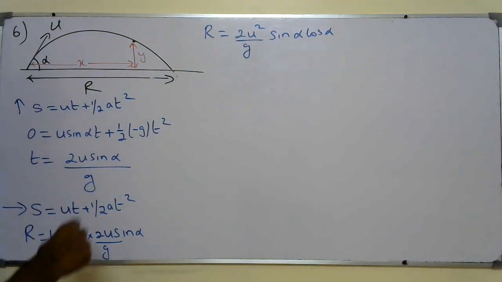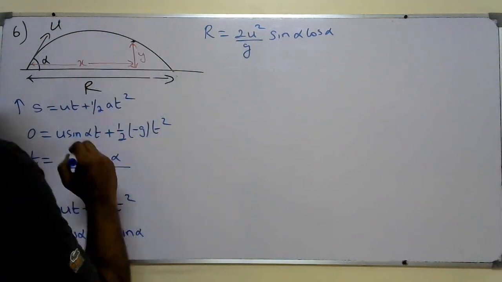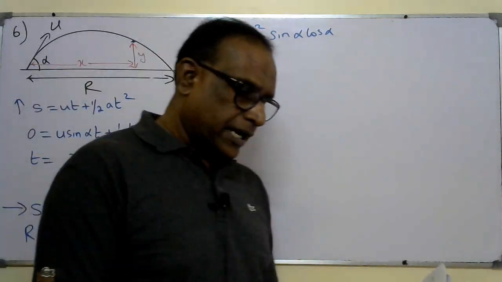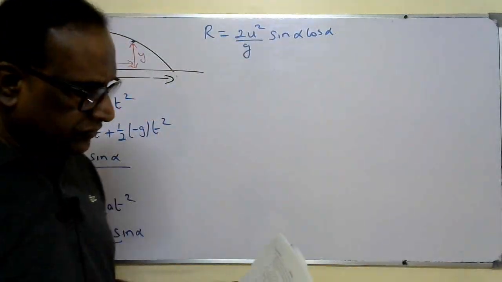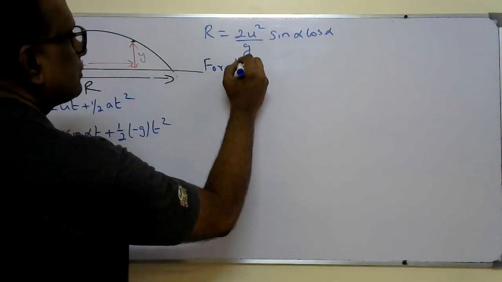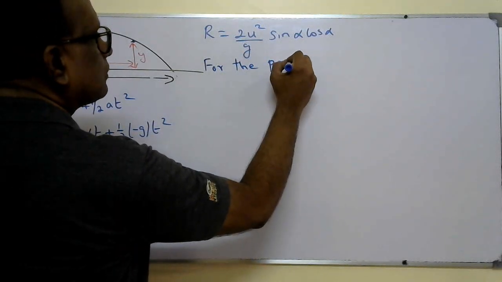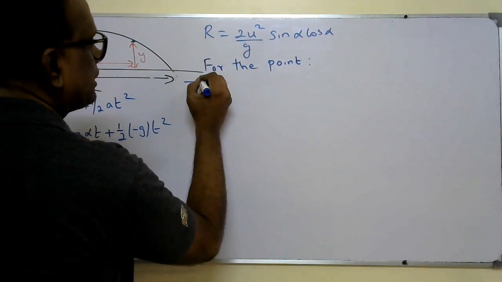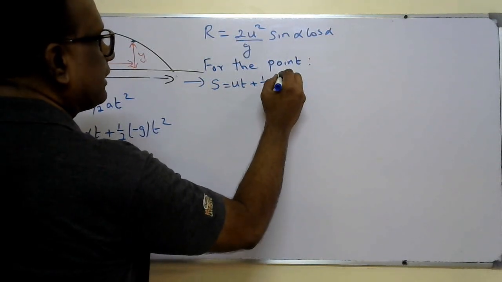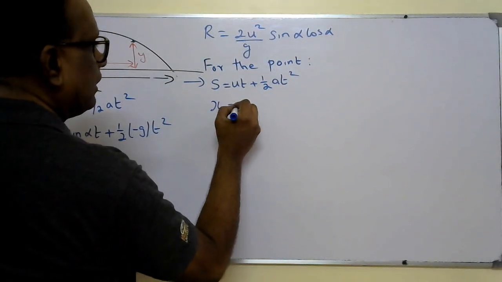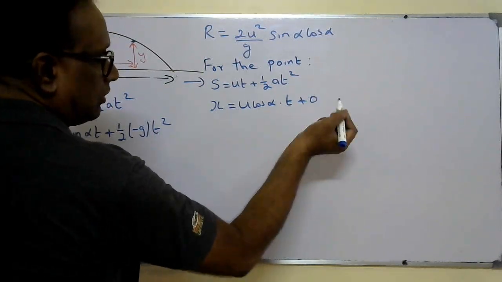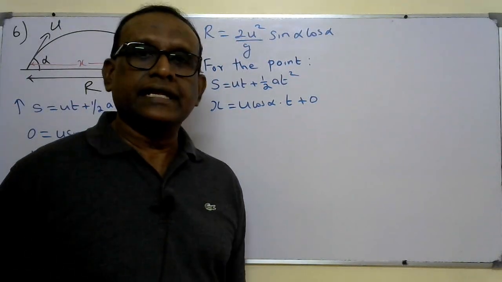We'll see. Now when you consider the point, they are saying it passes through a point which has horizontal and vertical displacements x and y. So for the point, horizontally, s equals ut plus half at squared. If I consider x equals u cos alpha times t plus 0, no acceleration in the horizontal direction.